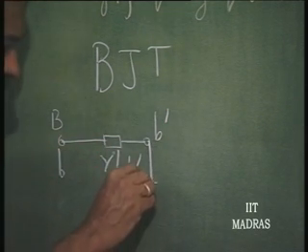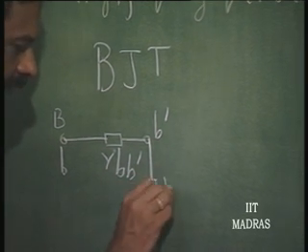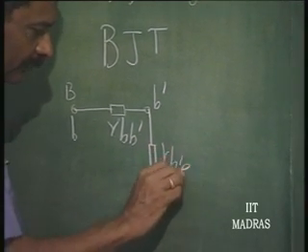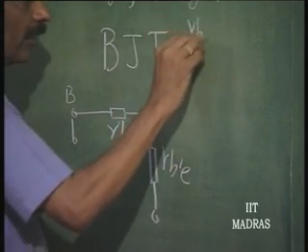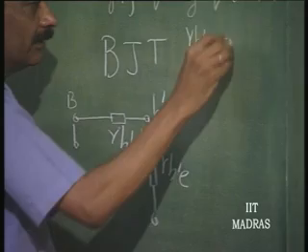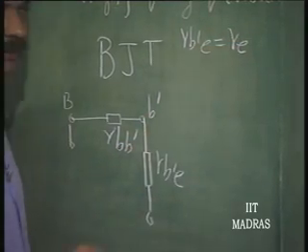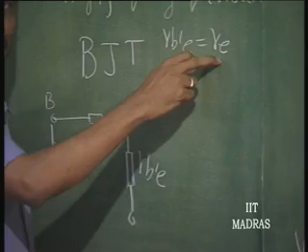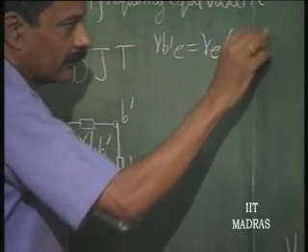Then the junction comes into the picture, and once we have the junction we know that there is a resistance RB dash E, which is actually equal to your RE, which we have been calling RE, Vt over IE into beta plus 1.